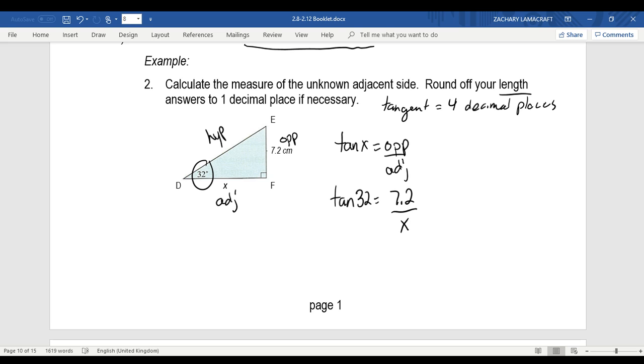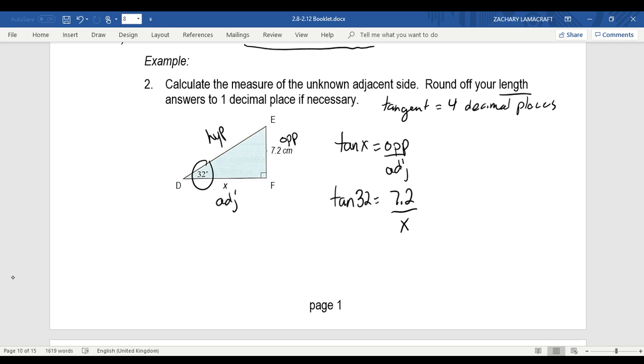So now cross multiplication is going to become very different. In this case, we want to get the x by itself. That's our goal. Always, whenever we have any variables, we want to get it by itself. First things first, we want to do tan 32. Anyone have that?